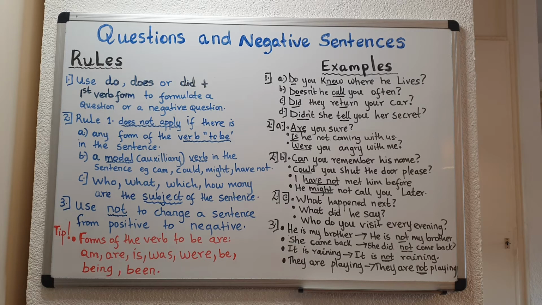So, if you want to formulate a question, if you want to ask a question, if you want to write a question, or if you want to ask someone a question, then begin your sentence with do or does or did plus the first verb form.